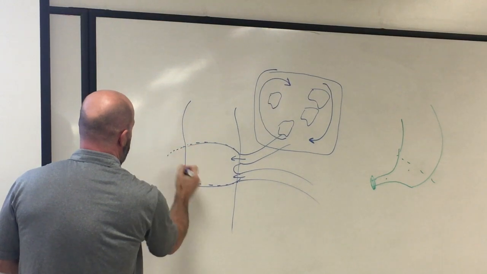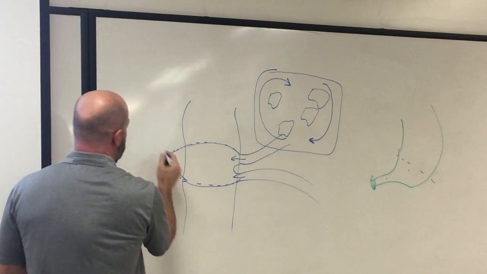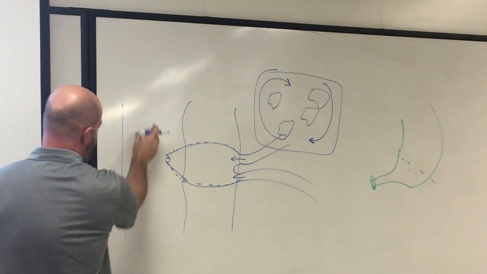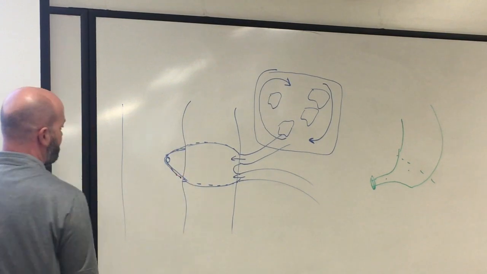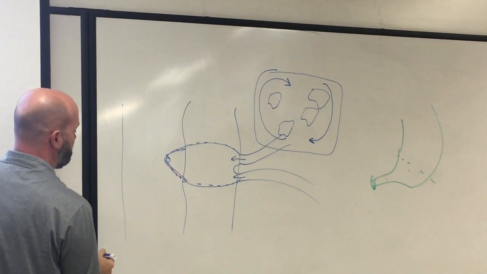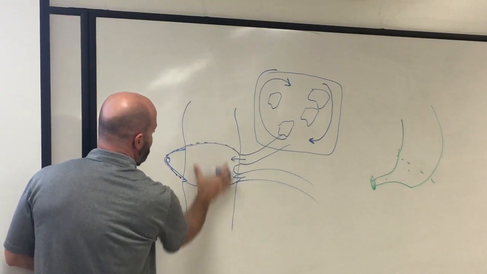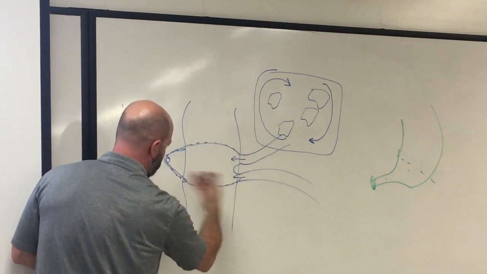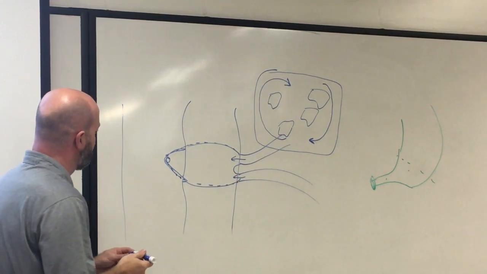But then it continues out, and there's like a little opening right there. So if you're just inside of the duodenum and you're looking at the wall and you see this bump here, you would simply call that the duodenal papilla rather than the ampulla. But if you can look inside of the wall, a sectional view by cutting through the wall, then you can see the ampulla. Does that make sense?